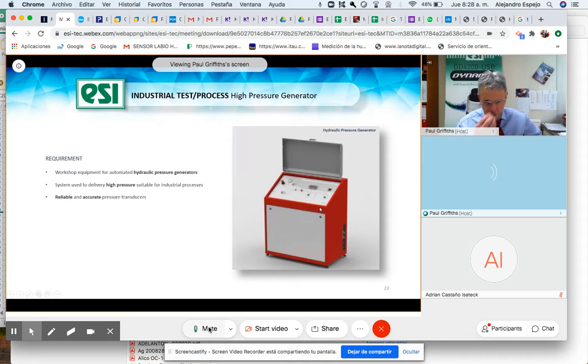In Scotland, I had a customer who had a very similar product for the oil and gas industry, and he wanted to have an accuracy of 0.1%. So we said, okay, in that case, you need to pay a little bit more money, and we'll supply you with the high accuracy option, GS 4200.